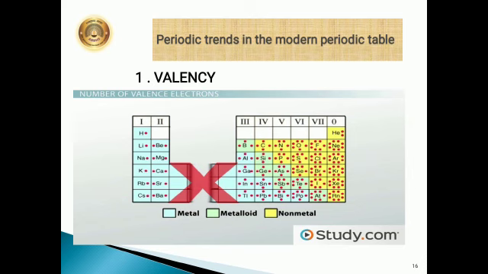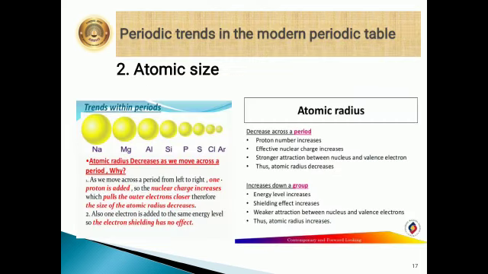Now the second periodic trend which we are going to study is the atomic size. We have seen in the previous class that size and volume is the fundamental property of matter. The size of an atom is indicated by its outermost shell.